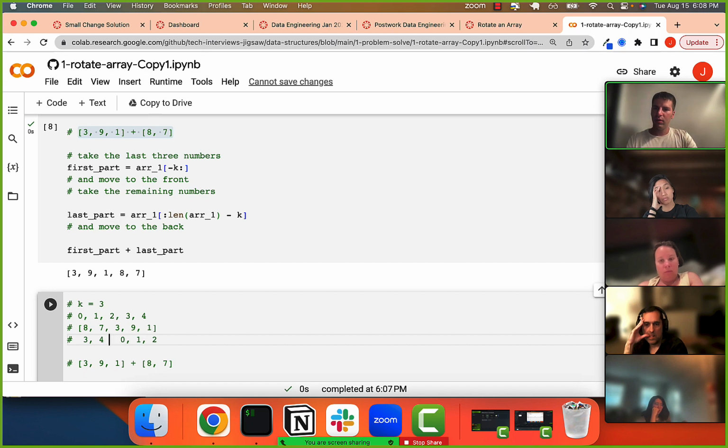Okay. So now a logic reveals itself, which is, oh, you just take the original index and add k to it, and that's the new index. This becomes 3, this becomes 4. This one here should become 5, but there is no index 5. It's 0, and the last one is 4.